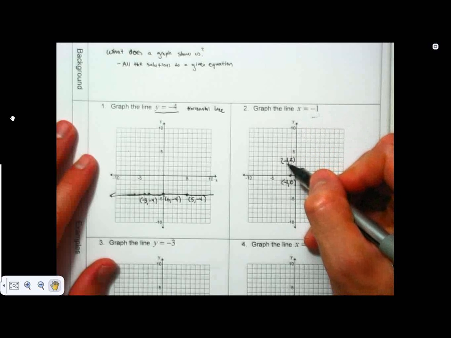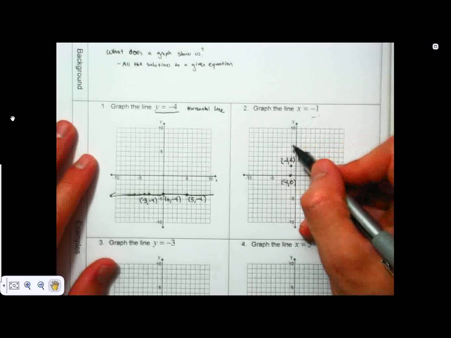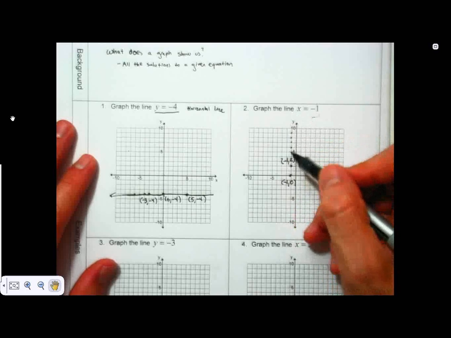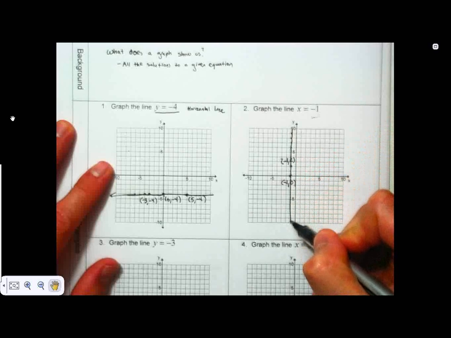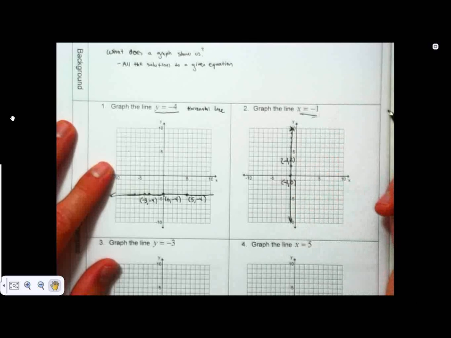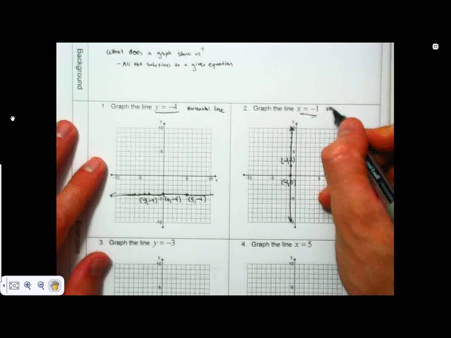As long as the x coordinate is -1, my equation is satisfied. I think you can see that there are a variety of places, actually an infinite number of places, where the x coordinate is -1, and they're all going to fall on this vertical line. So in summary, when you have x equals just a number, you're going to end up with a vertical line.